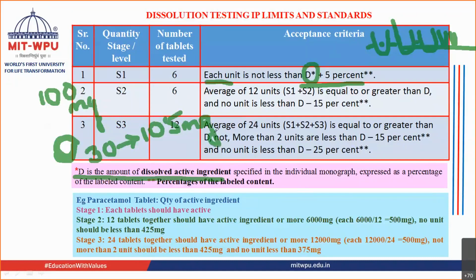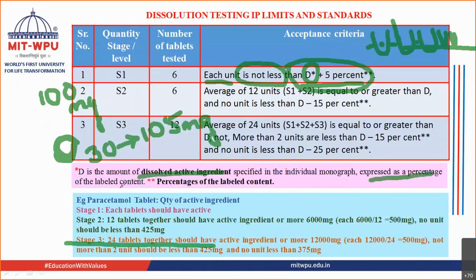And how is this obtained? This is obtained because of the overages that you add. So each unit contains not less than this much amount of drug. D is the amount of dissolved active ingredient, expressed as a percentage of the label content, and this 5% is also a percentage of the label content.